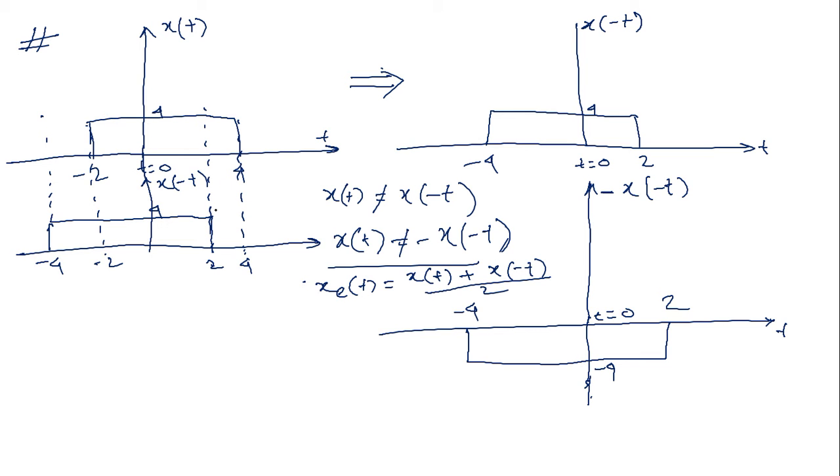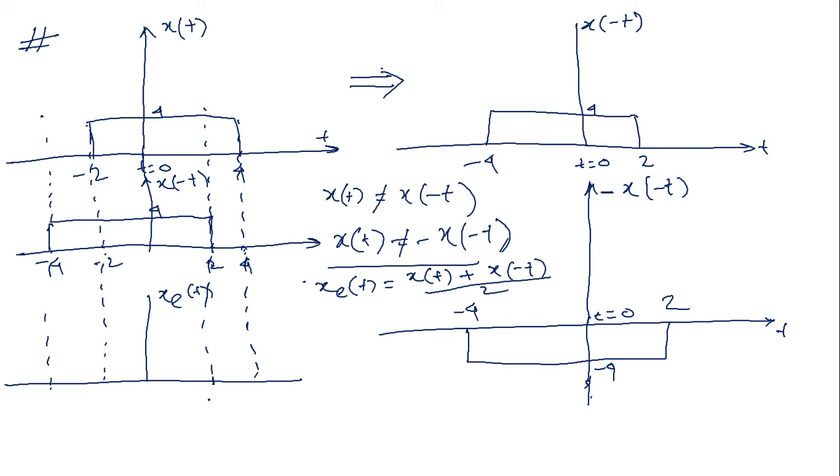Now from -2 to 2, looking at the x even of t, there is 2, 4, -2, -4. 8 is not the answer here, because my estimation is x of t plus x of minus t divided by 2. So 4 plus 4 divided by 2, 8 by 2.